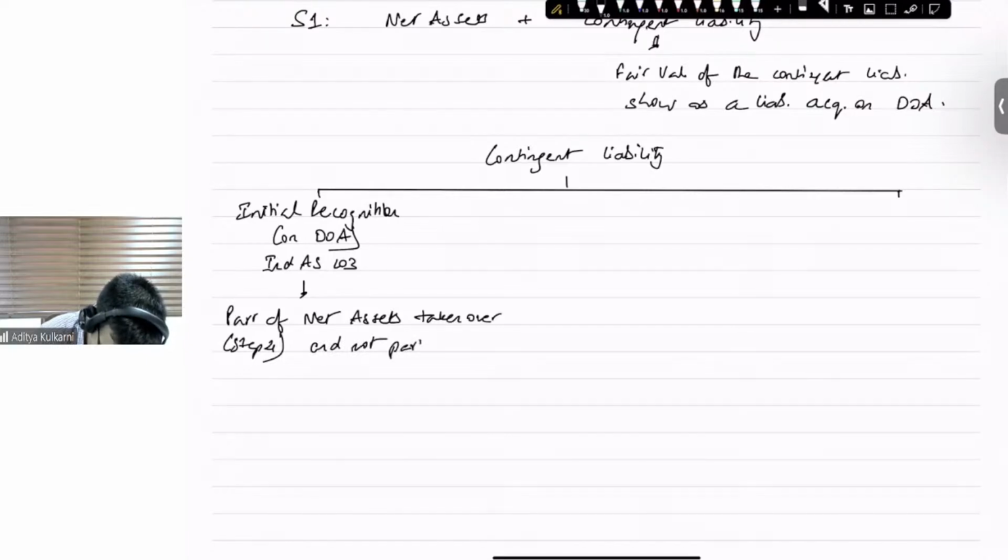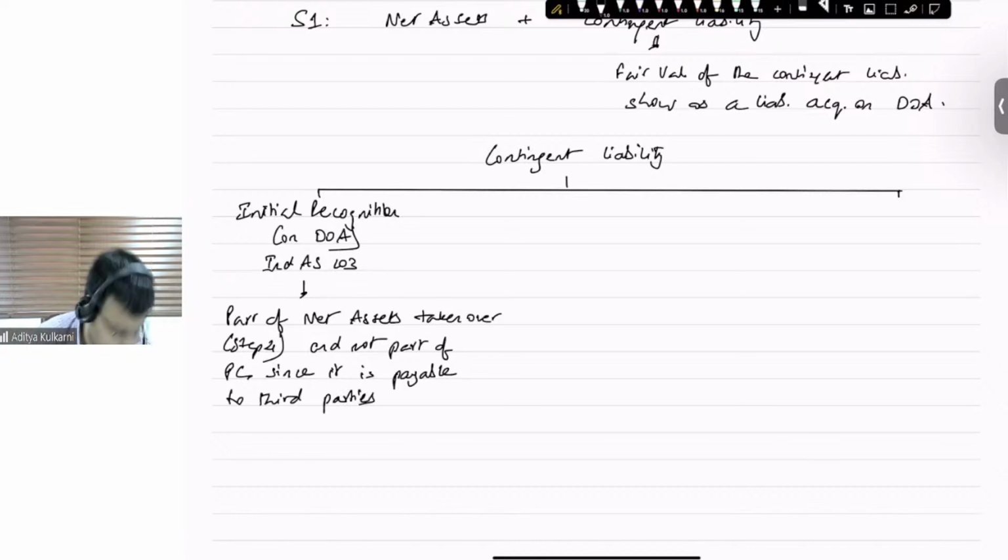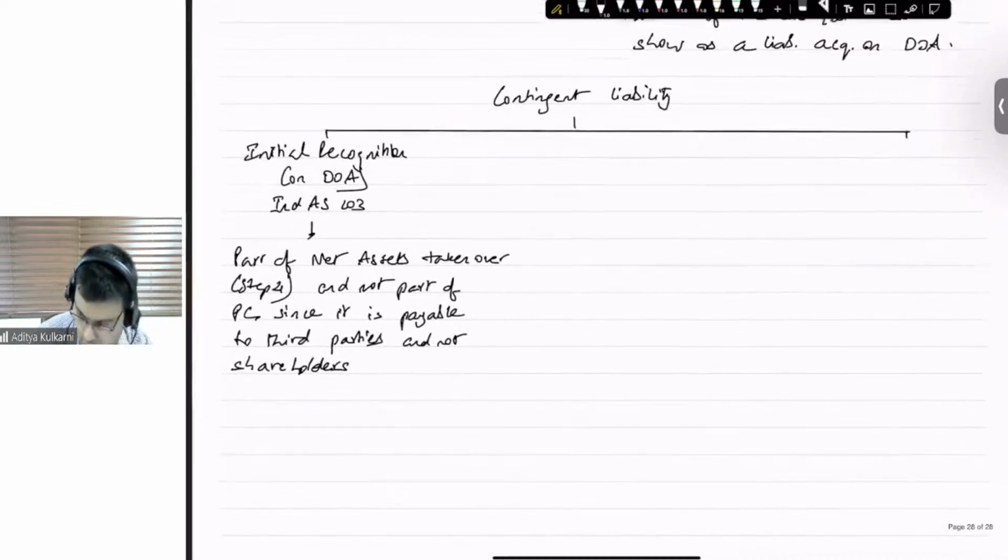Not part of PC, since it is payable to third parties and not shareholders.